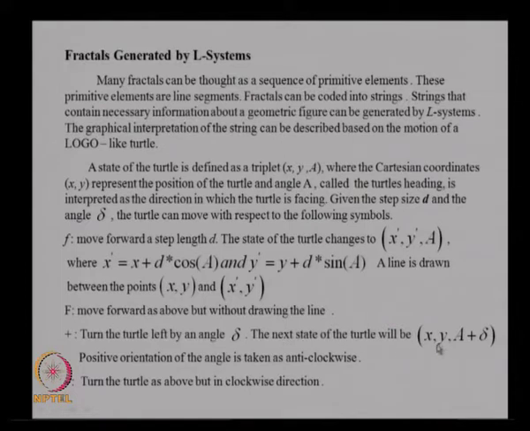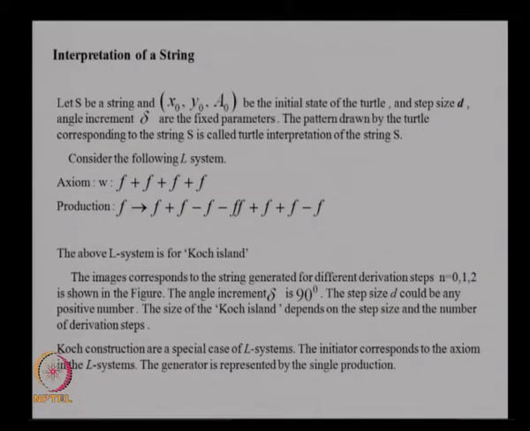So, the new position will be x, y and the angle will be incremented by delta, that is anti-clockwise rotation. Minus may denote the corresponding clockwise rotation. So, with this you can interpret a string and then draw a picture.